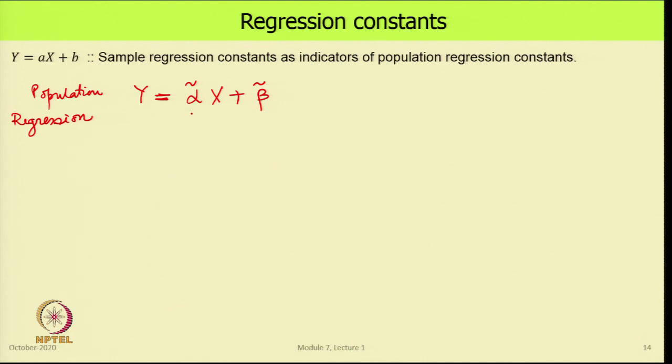The symbols that I have used are constants alpha and beta, but I have put this tilde on top of that for a particular reason: the symbol alpha is used in statistics for the level of significance. So, this will lead to a lot of confusion, and to distinguish it from the level of significance, we have made it alpha tilde and beta tilde.